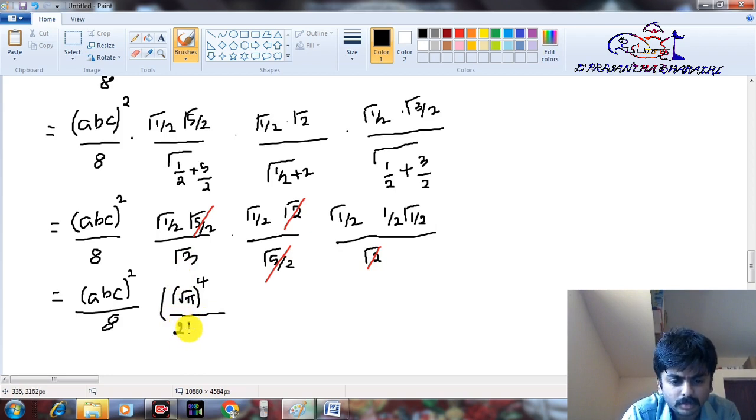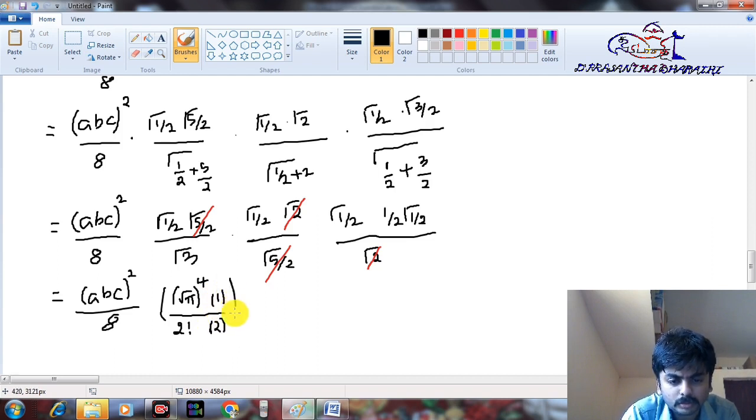Here is also 1 by 2, that is 1 divided by 2. Okay, 1 divided by 2.